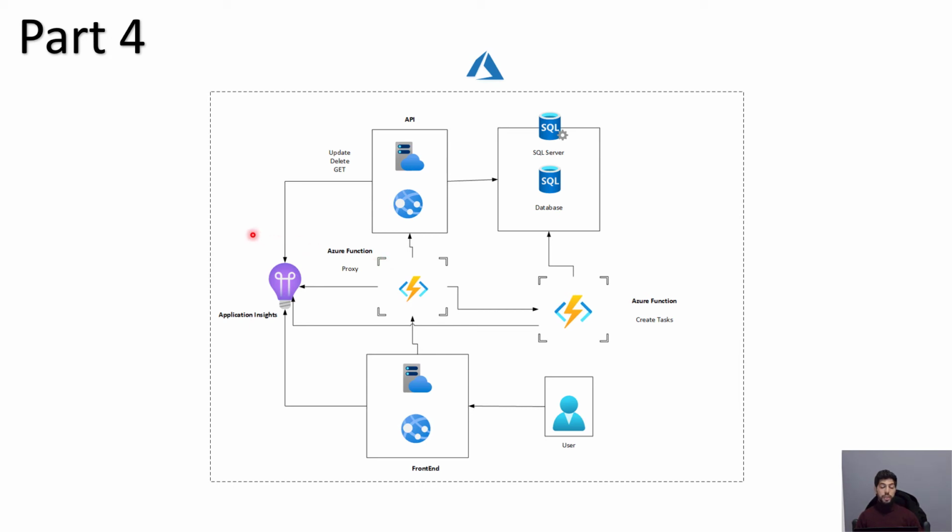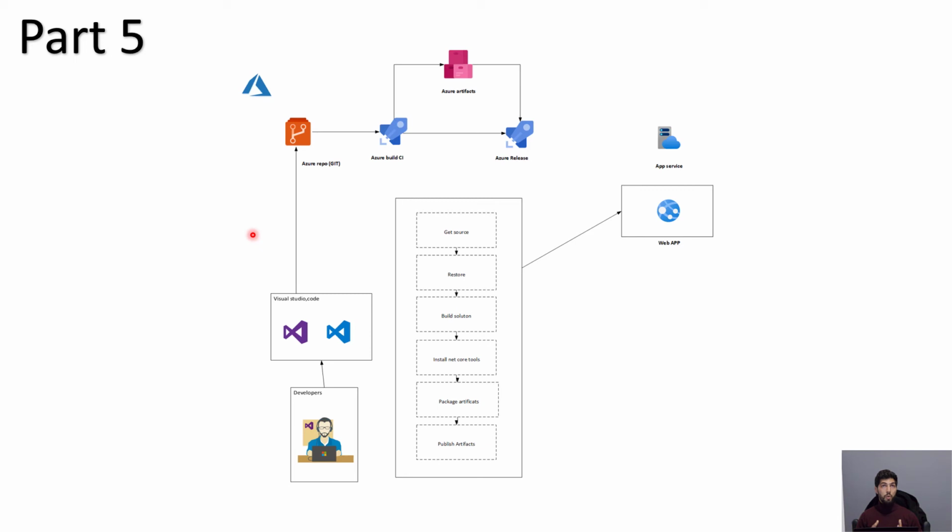The last step right now is we are going to use the power of DevOps. We are not going through all the functions inside DevOps, but instead of deploying from Visual Studio each time after we code and go to see what's going on inside the web application, every time we push our solution to the Azure repo, an Azure build CI, continuous integration, will be triggered and will build the solution.